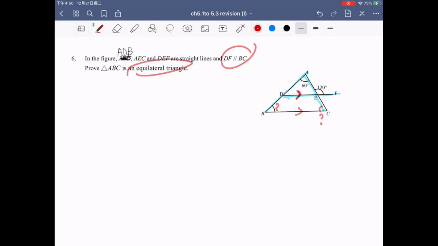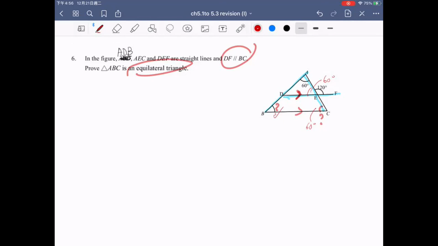Then we can find this one first. This one is so obvious because it's a straight line, so it must be 60 degrees. And then this one also 60 degrees because it's a parallel line, the corresponding angles will be the same. Then we can find this one, angle sum of triangle, right?